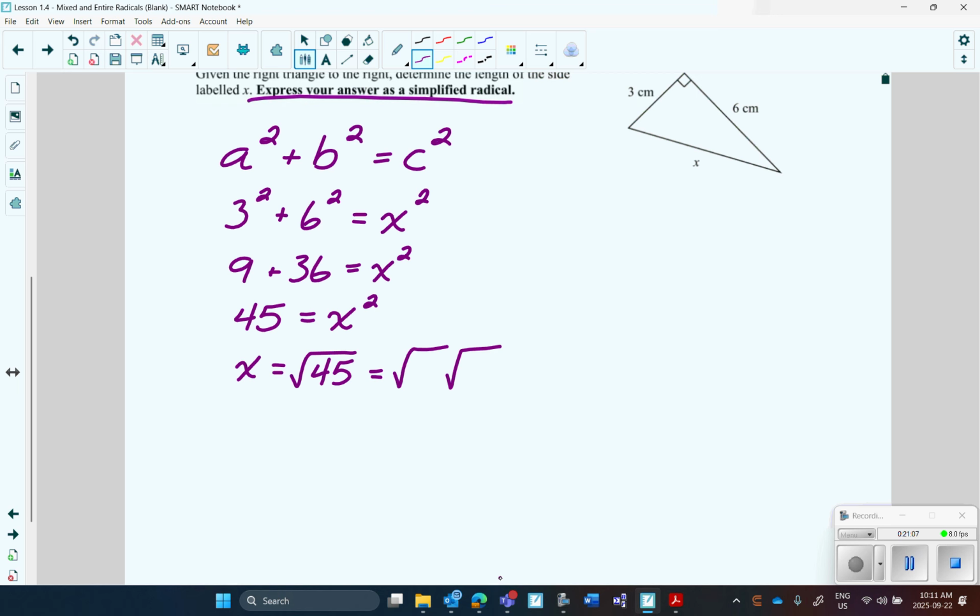Highest perfect square that goes into 45, 9, which means this must be 5. And it goes to 3 root 5. And you're done. Centimeters. Good. Excellent. So it's the same stuff that you guys have been doing last year and a few years before, except now you're showing your answer differently. Okay?